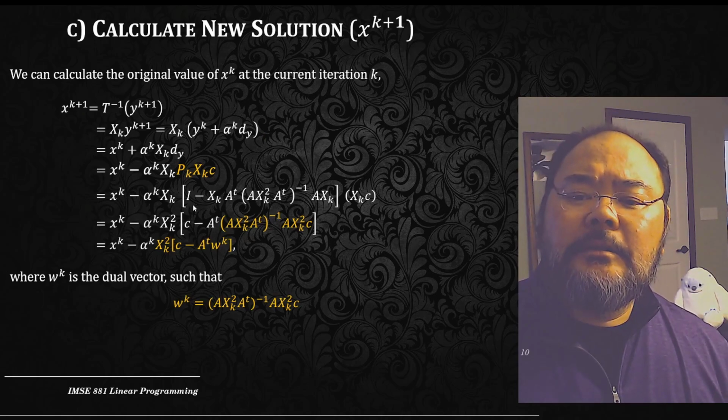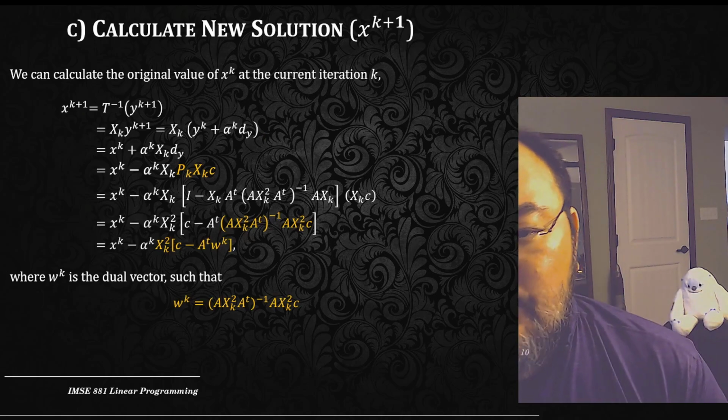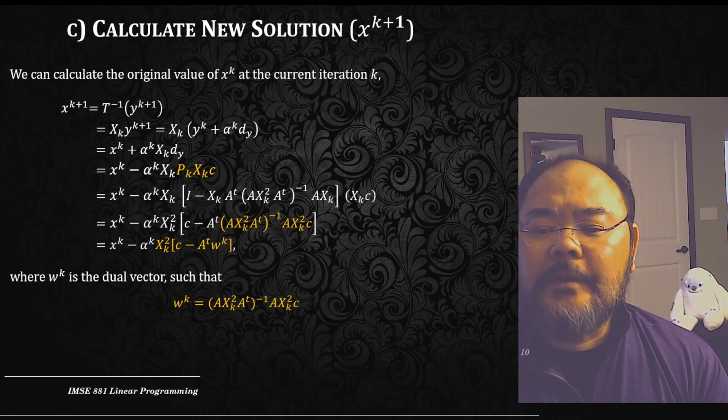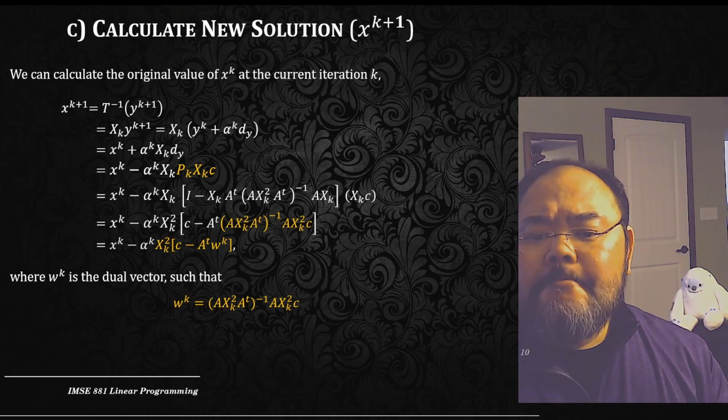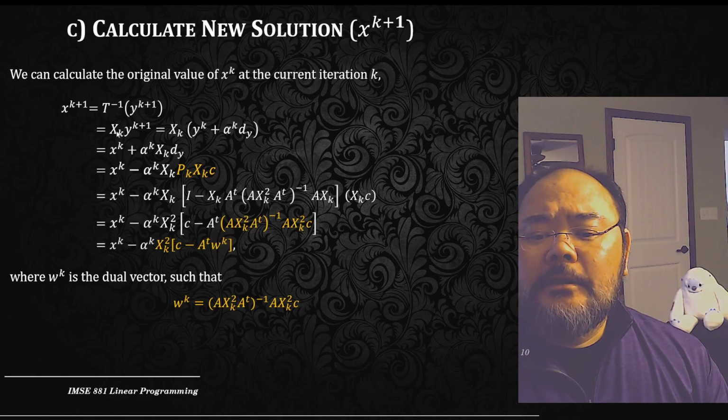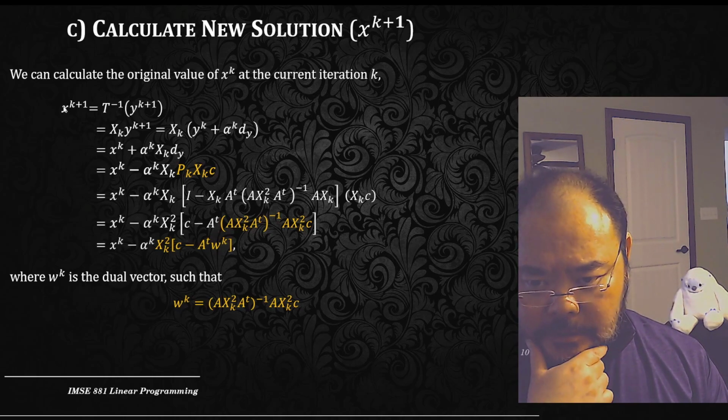And the next, part C, is trying to calculate a new solution in the x space instead of y space. And we know that yk plus 1 equals yk plus alpha k times dyk. So it's actually an inverse transform back, we can calculate xk plus 1.